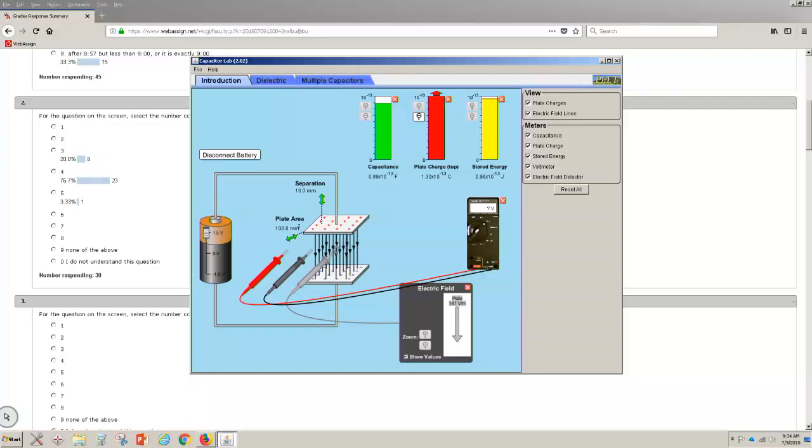And we actually can calculate, if we measure the area, distance, and for the air, dielectric constant is 1, practically 1. We can calculate the capacitance of this capacitor like we did. We can calculate how much charge do we store.